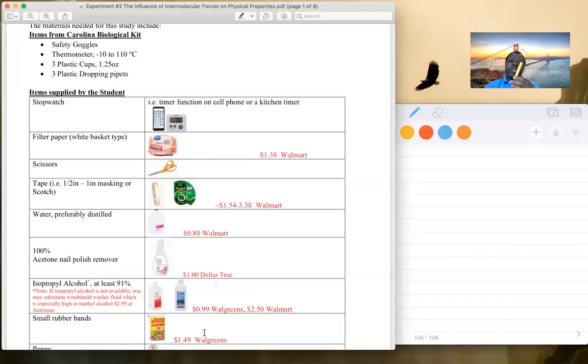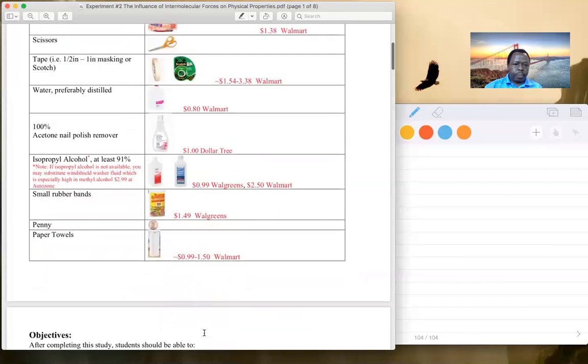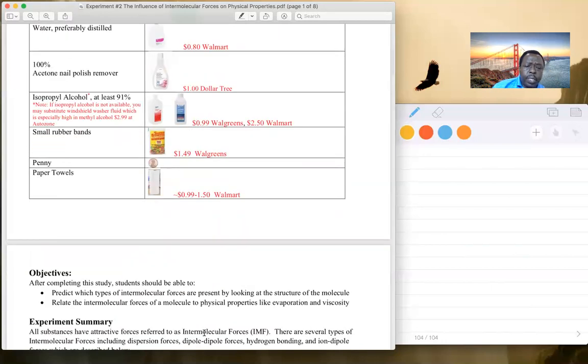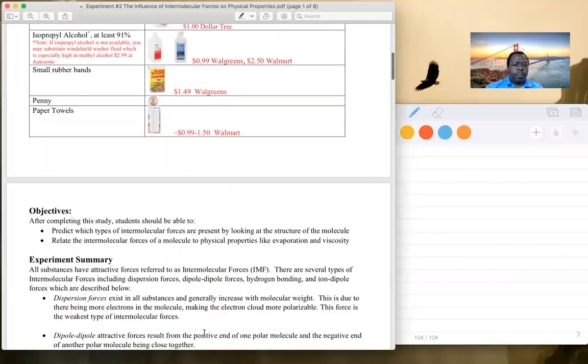Remember, the key thing for this experiment to be successful is it should stick on the tip of the thermometer, so that when you put it in your solution, in your substance, H2O or isopropyl alcohol, it should go all the way in there, so that you have that. Now, having said that, all right, you're going to need a pen, that is for later on. Paper towels, right? It's going to work for all those.